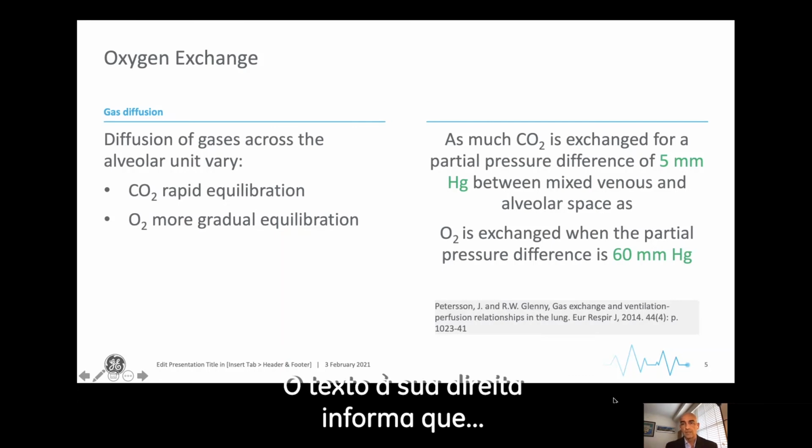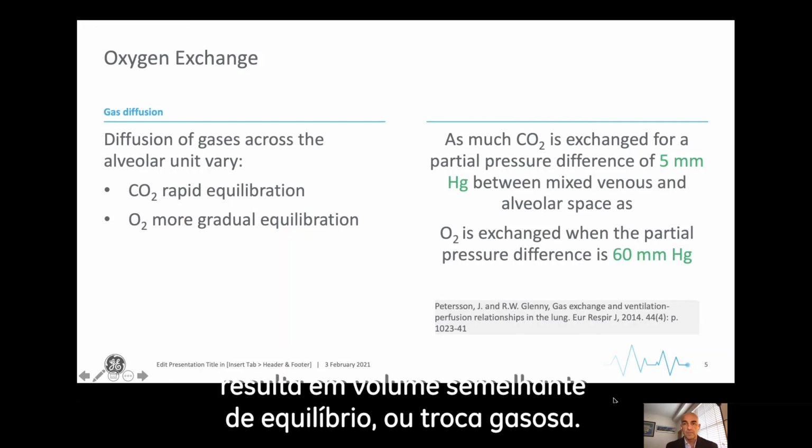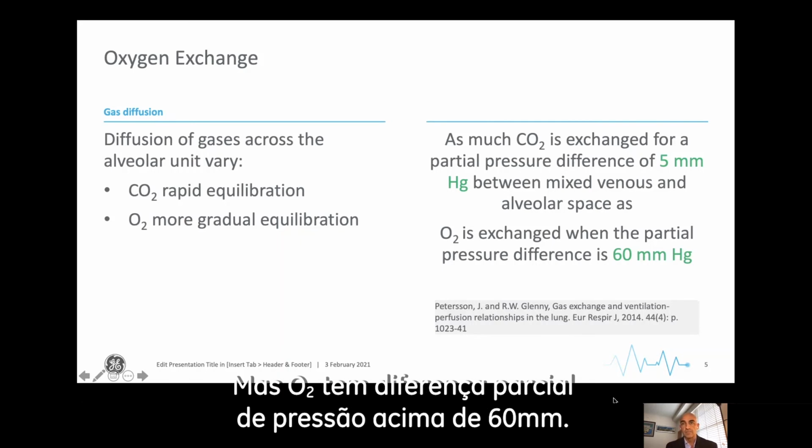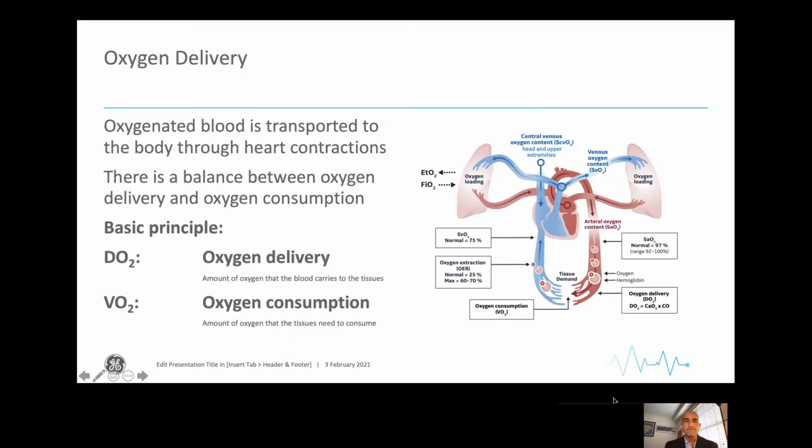And the information to your right gives you a sense that a partial pressure difference of 5 millimeters of CO2 will result in a similar amount of equilibration or gas transfer as that of oxygen with a partial pressure difference in excess of 60 millimeters. So that gives you a sense of how big the differences are in terms of diffusion capabilities between these two gases.